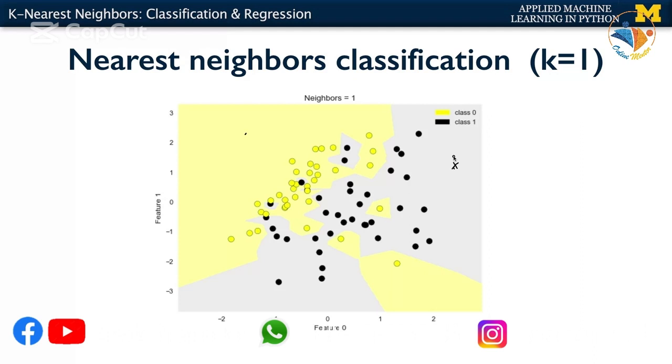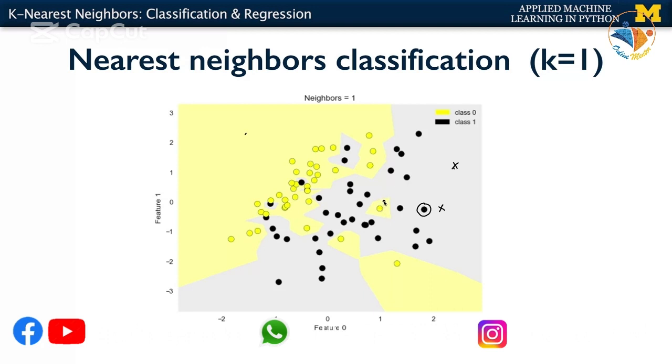Because this is a one nearest neighbors classifier, to make a classification prediction for any given query point, the classifier simply looks back into its training set. These points here represent all the points in the training set. So for any given point, let's say here, the classifier will simply find the training point that's closest, namely this one, and assign the predicted class to simply the class of the nearest point in the training set.